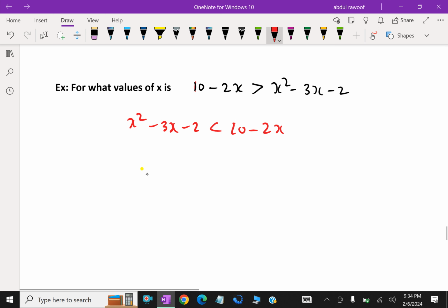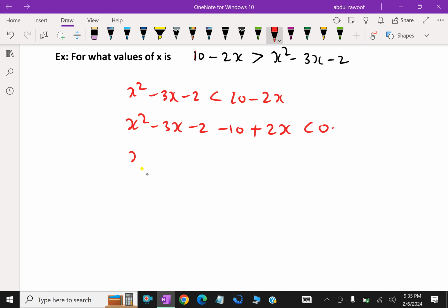Collecting one side, x squared minus 3x minus 2 minus 10 plus 2x is lesser than 0. So x squared minus x minus 12 is lesser than 0.